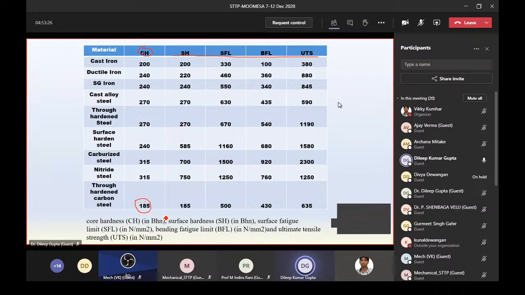Out of this, the worst condition we are getting is, I think, 315. So 315, the maximum value, will be considered as the worst, or just acceptable, value for core hardness, and this is applicable for all the alternatives. So core hardness has 185 as the best value and 315 as the just acceptable value for the first criterion.